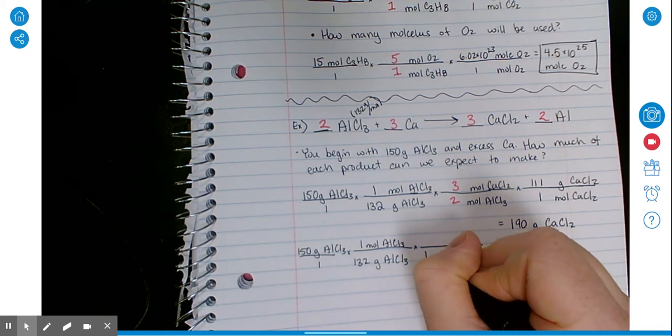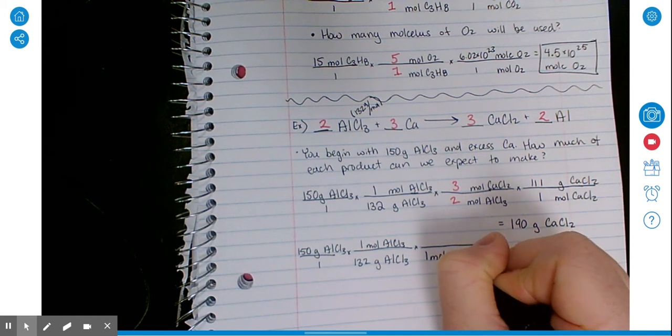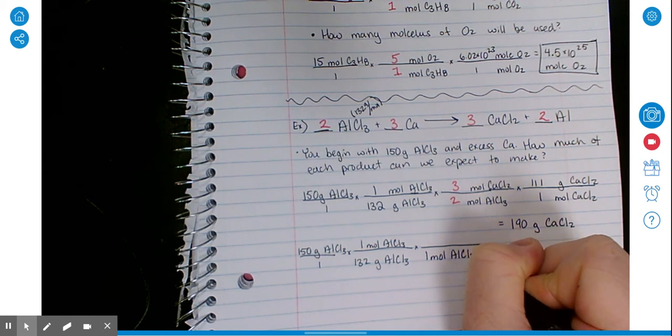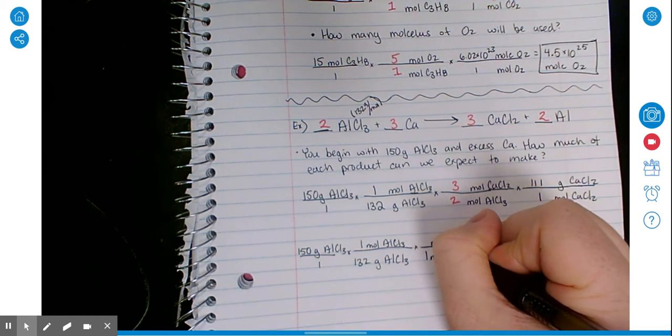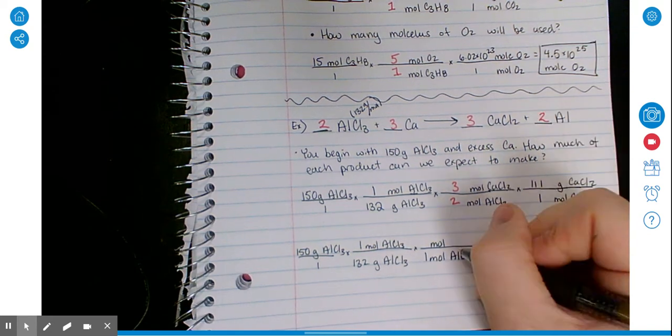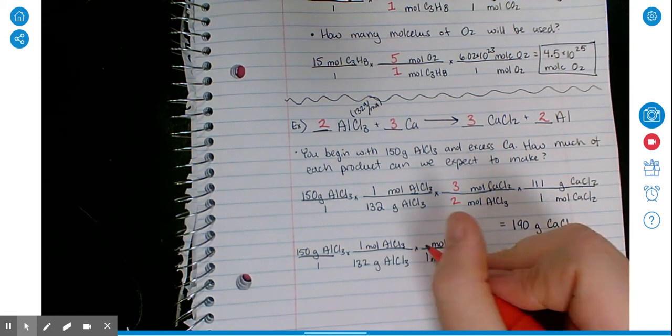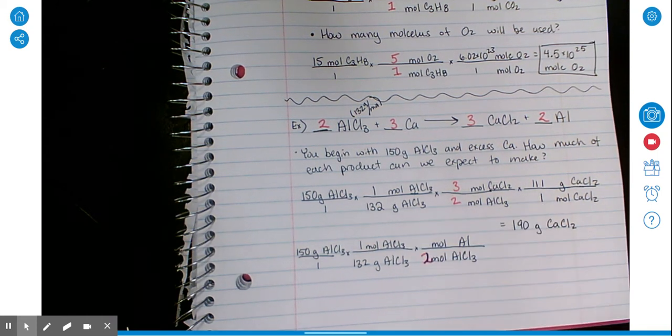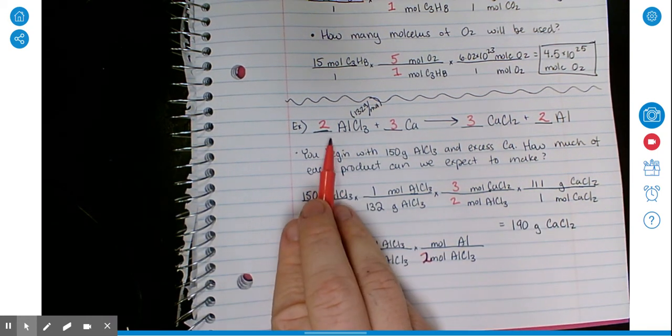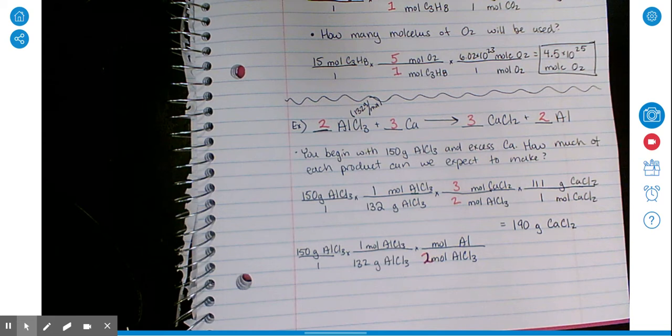From moles of aluminum chloride, I can still go to moles of another substance. This time I'm going to go to my other product, which is aluminum. Now, hopefully you didn't copy this right. For every 2 moles of aluminum chloride used, there's going to be 2 moles of aluminum produced.